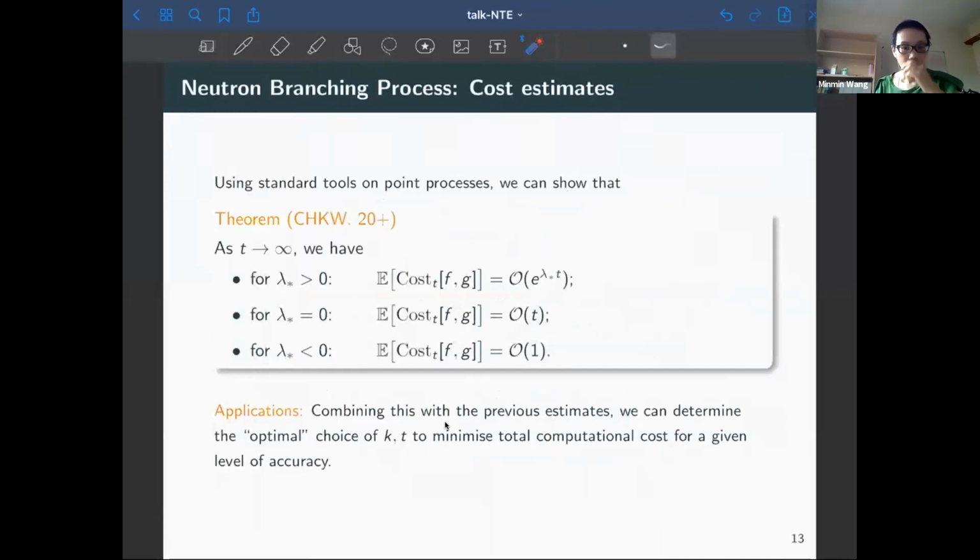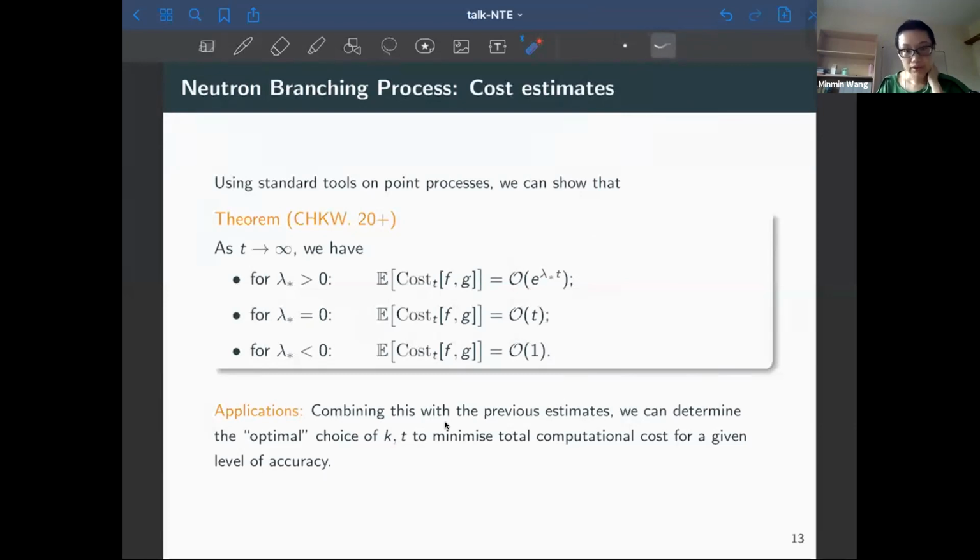Now, if you look at the neutron branching process, you realize that the scattering events and fission events arrive according to some inhomogeneous Poisson point processes. So, just using some standard tools on point processes, it's not difficult to derive their growth rate.